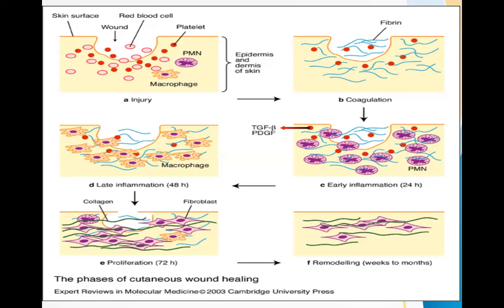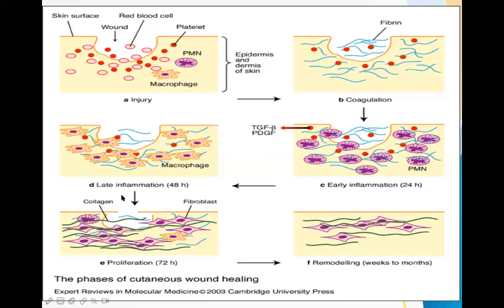They are also known as neutrophils. Neutrophil is the other term for PMN cell. In many textbooks it is written like that, so don't get confused. That's why I've explained this. So this is highlighted by the collection of neutrophils in that area. And there is a role of, see there, transforming growth factor beta, and this is PDGF, platelet derived growth factor.